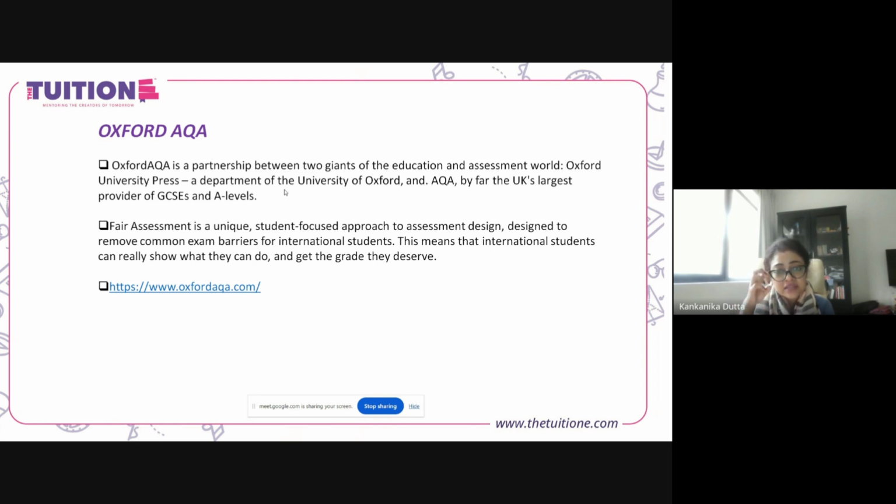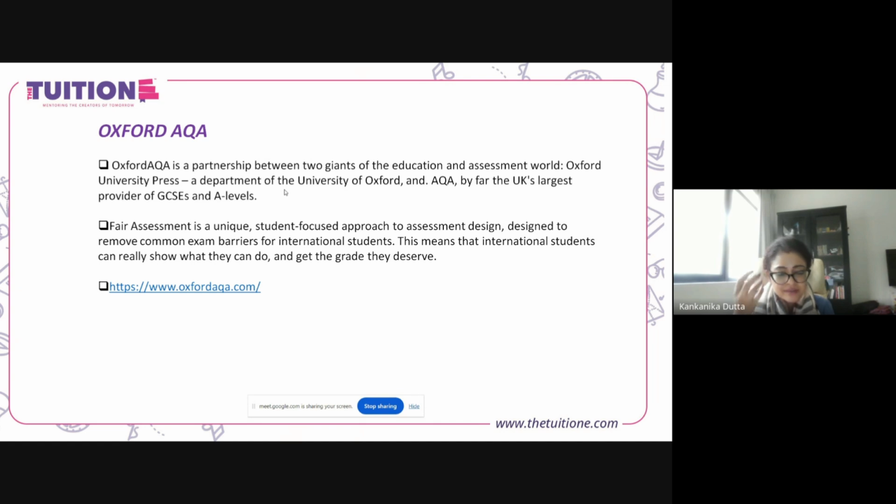It is very student friendly, and it does not straitjacket a student into a particular path. So there are various ways; it gives you opportunities.